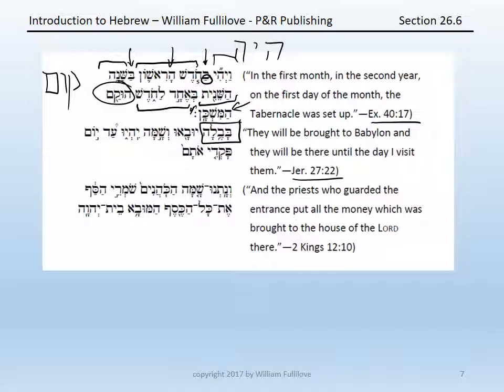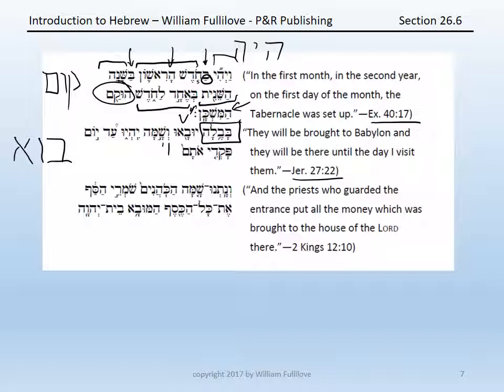Then the verb here, yuva'u. So here we have a hofal imperfect, third masculine plural of bo. So bo in the qal would be to come, and the hiphil would be to make come or to bring. In the hofal, it would be the passive of that. They will be brought to Babylon.